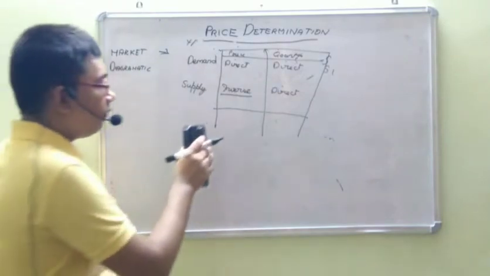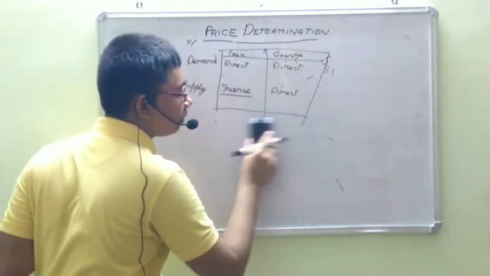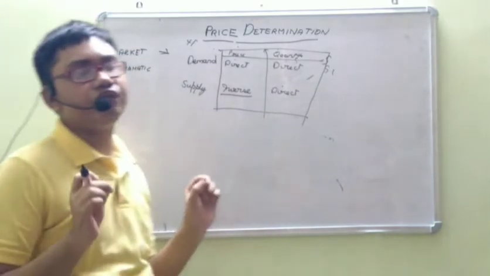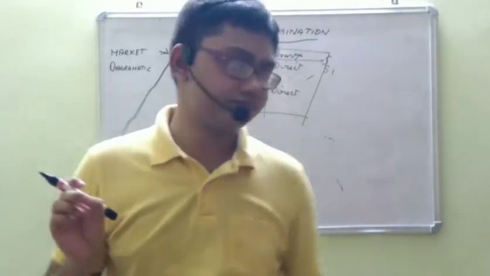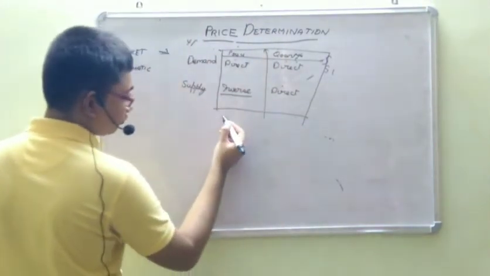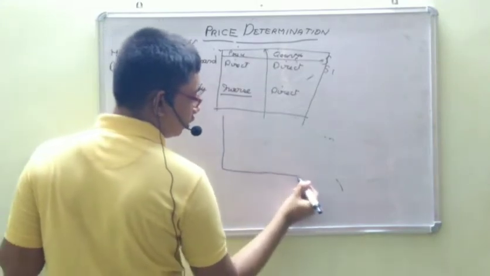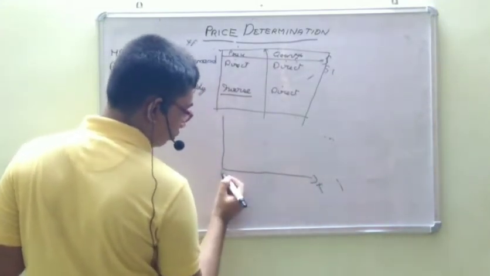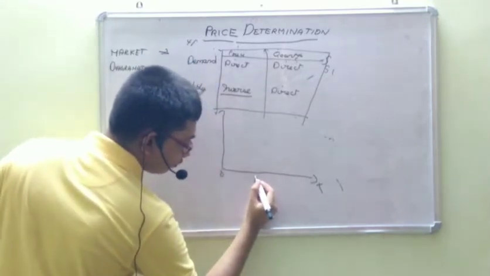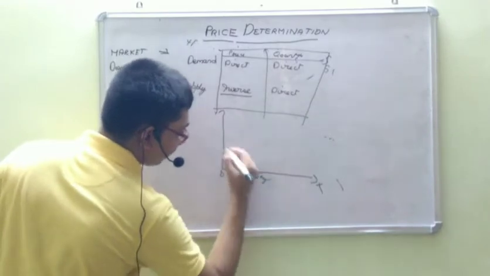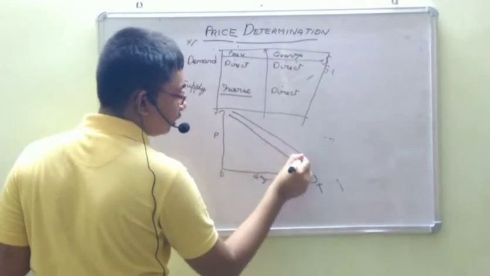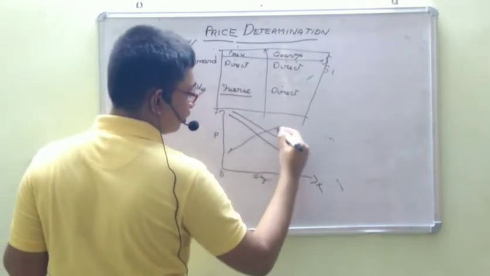Now, what will happen if both demand and supply are changing? Definitely, if they are changing in equal proportion, what will happen? Here, X and Y axes, let us say quantity and price. Both demand and supply are changing in equal proportion.